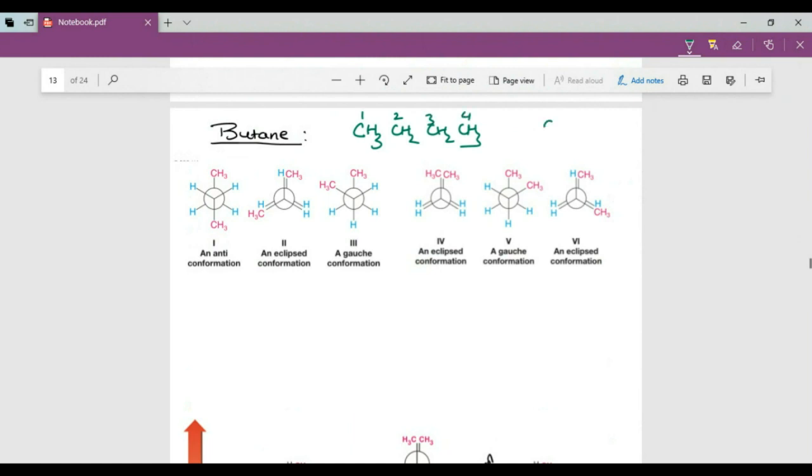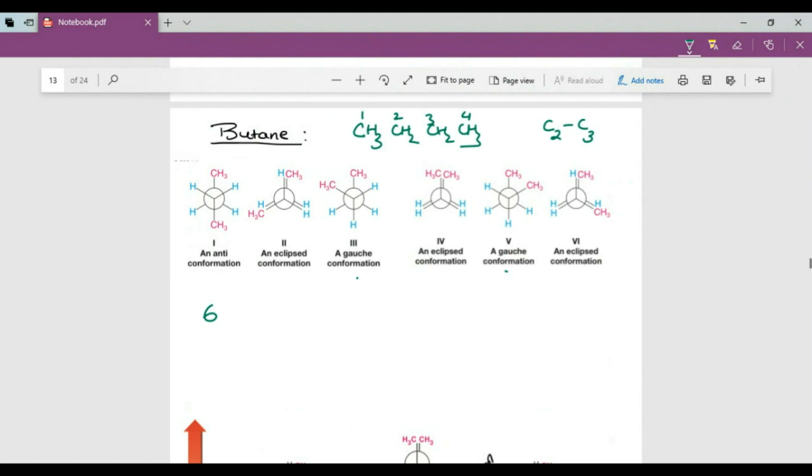What we are studying is rotation along the C2, C3 carbon. So along C2, C3, there are 6 possible arrangements. And don't get confused: this gauche and this gauche are not the same. They are mirror images of each other. So in total there are 6 arrangements.